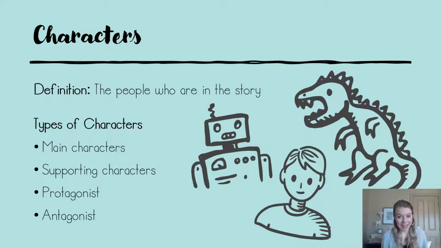Now, antagonist, that first part, ant or anti, means against. So this is the character who's going against the protagonist. So in Wonder, if you think about who's going against Augie, you think of Julian, the school bully, the popular kid. So in the case of Wonder, Julian is going to be your antagonist.